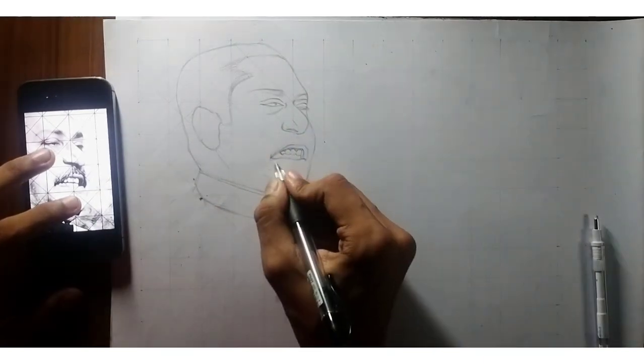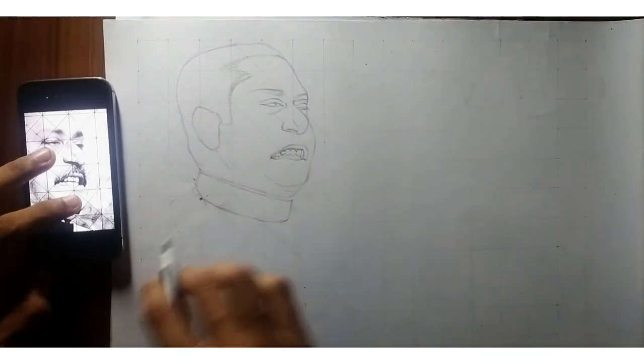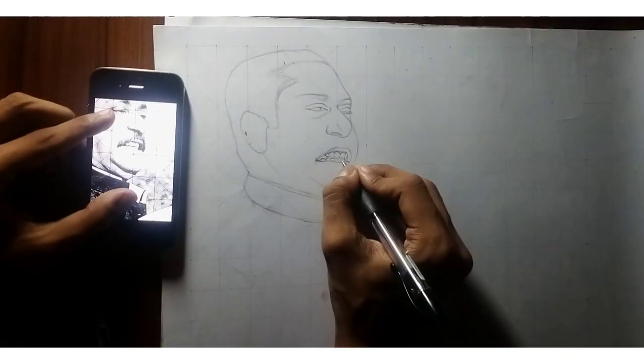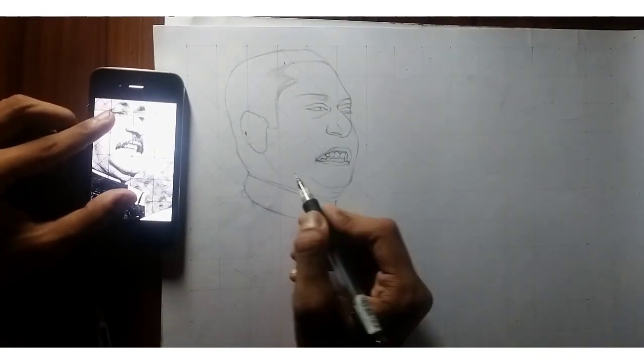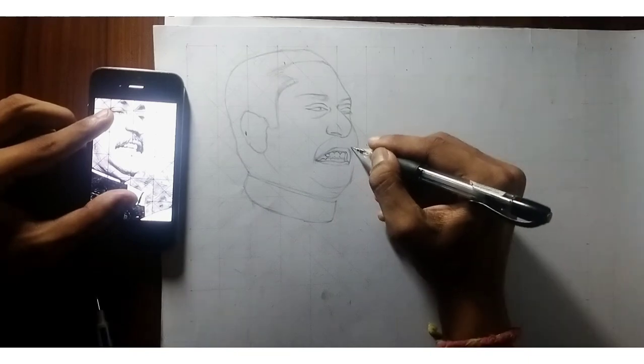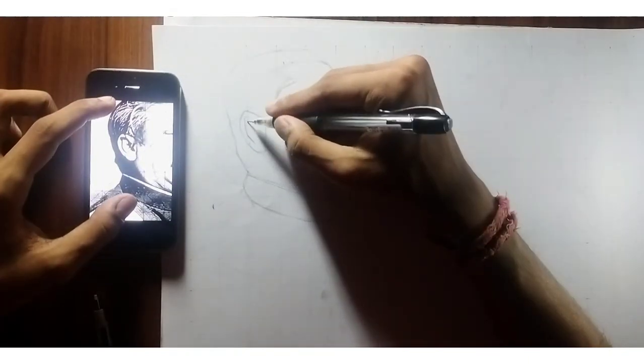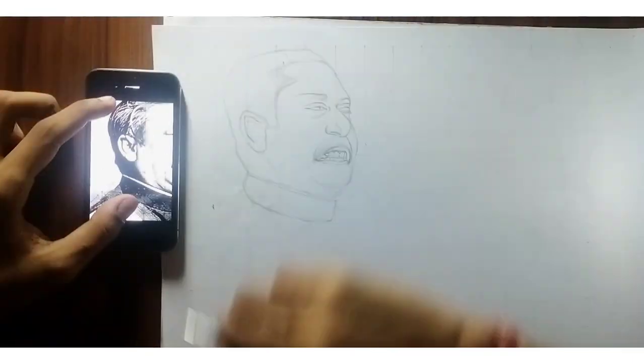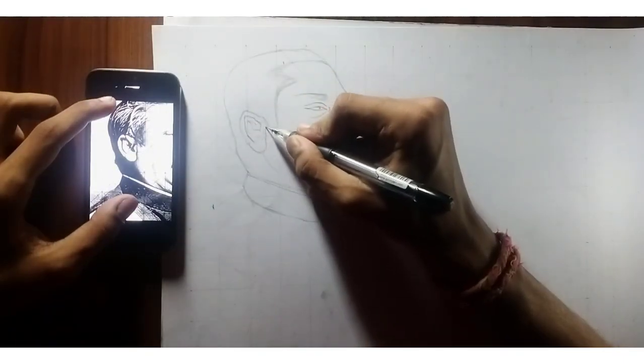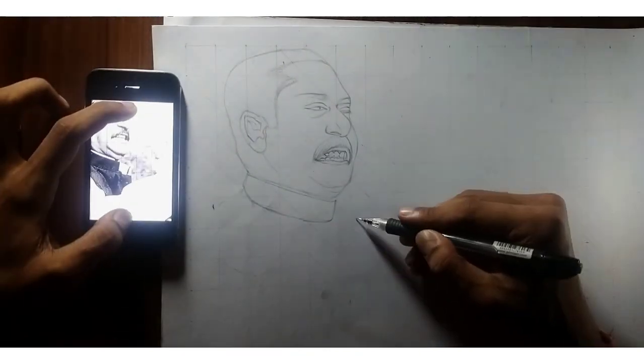And one thing, when you use the grid method for the very first time, you may not get the desired results, but you will gradually get better results through enough practice. So keep practicing with this method when you draw something from your mobile.